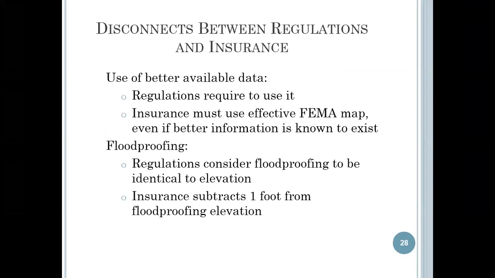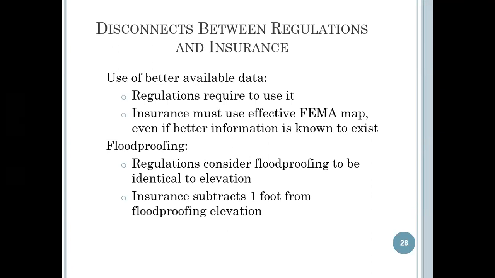So, as I said earlier, sometimes the regulations don't meet the flood insurance requirements. Some of the disconnects we have are better available data. You can use that to have higher standards, but we're going to rate the policy based on the effective map. Now, one good thing about requiring a higher standard is this.